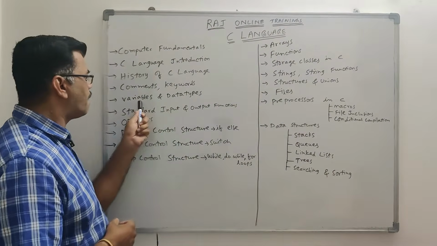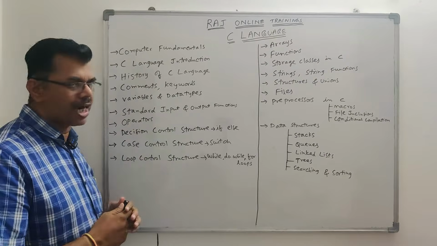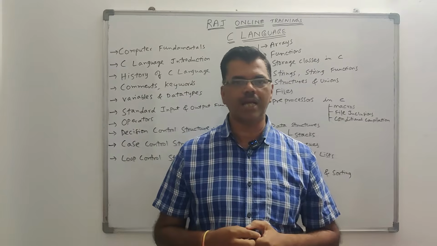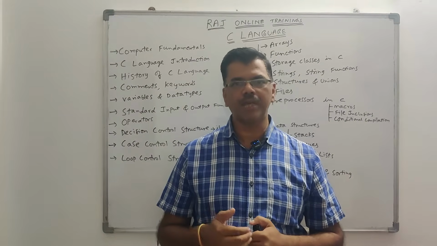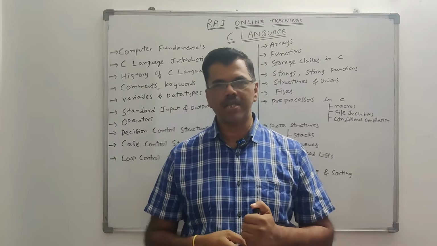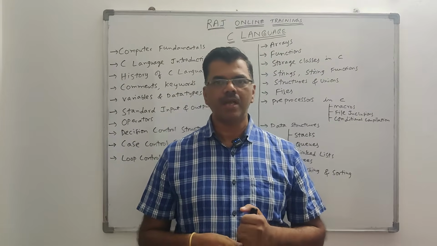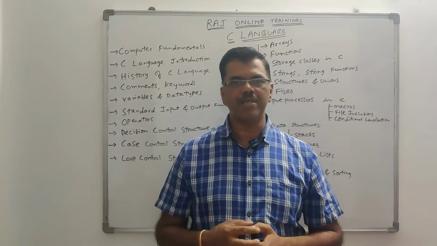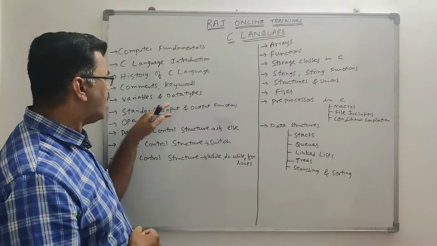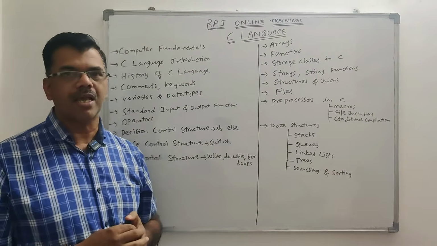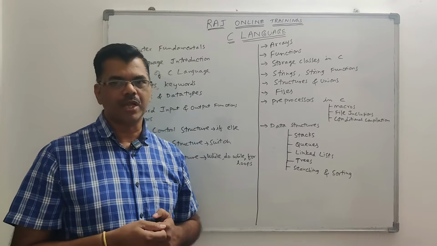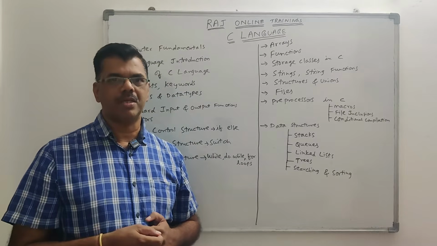Then we are going to see about variables and data types. The meaning of variable is like when you want to hold some data, for example, if you want to store something like student name, employee salary, customer address, we require some memory space. The name we give to the memory space to hold the data, that we call a variable. And the meaning of data type is, once we allocate memory space for a variable, what type of data you want to store in that allocated memory space.